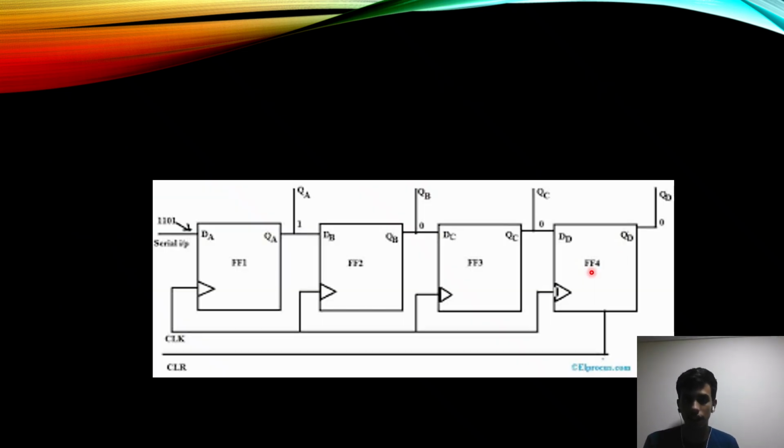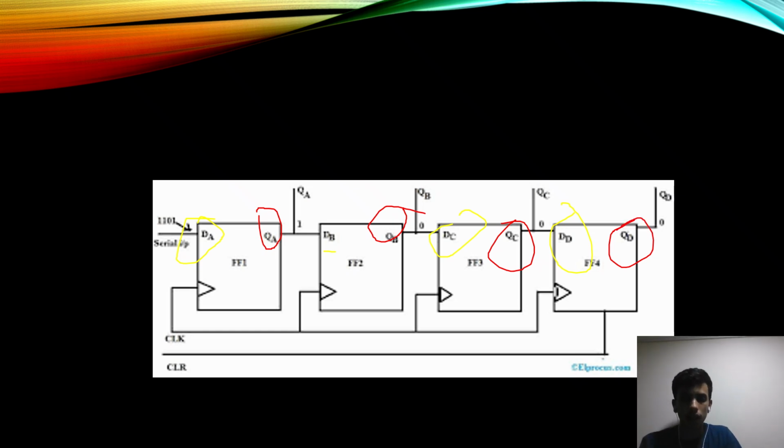When you see here, DA is the input, DB is also input, DC and DD are also inputs, and QA, QB, QC and QD are all outputs.